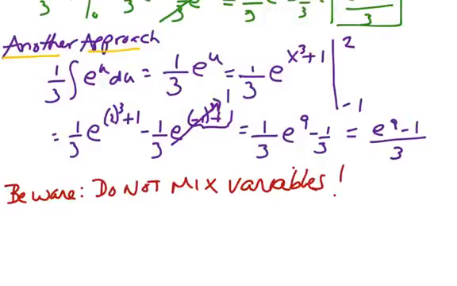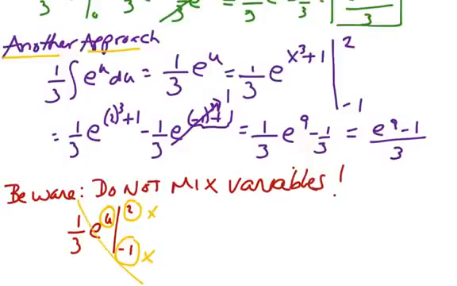It would be an error to evaluate this integral as this, right? Because these limits of integration are x's, and this is u. So don't do this. That's a common mistake that I see all the time.